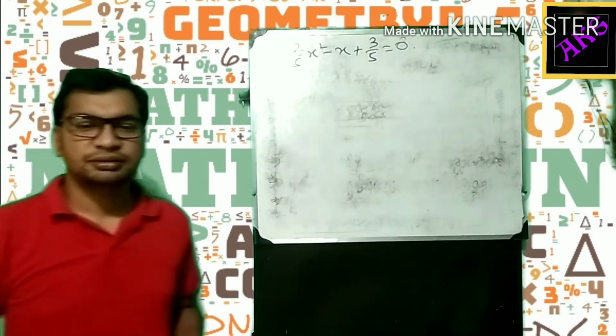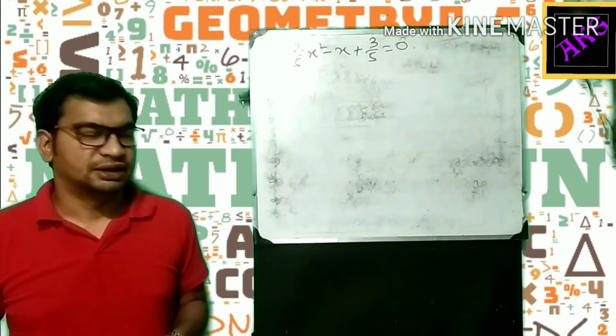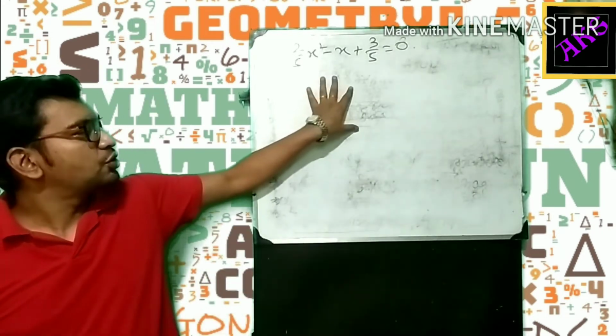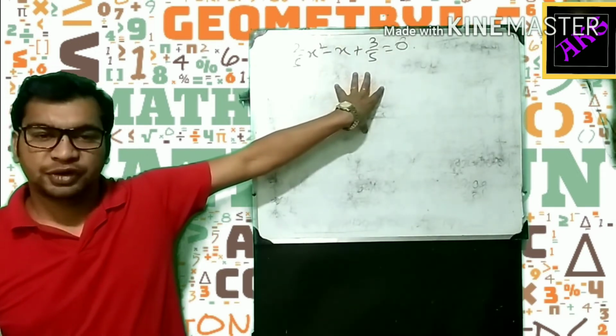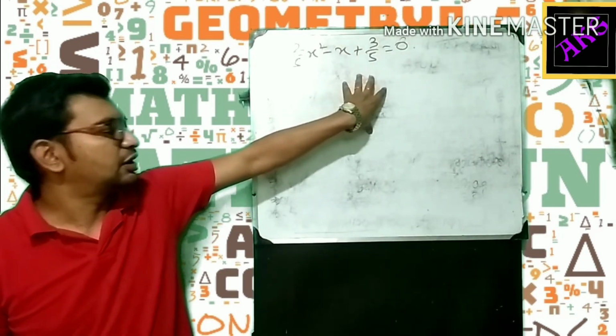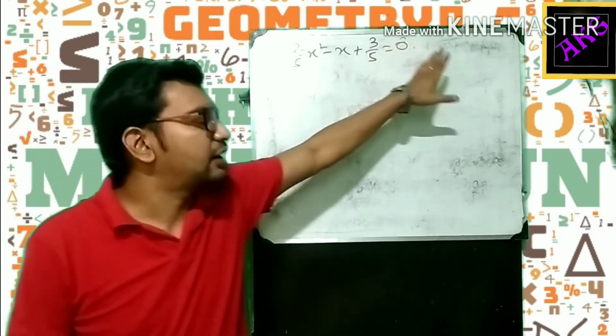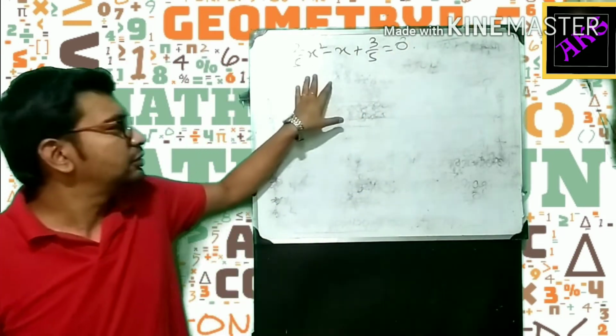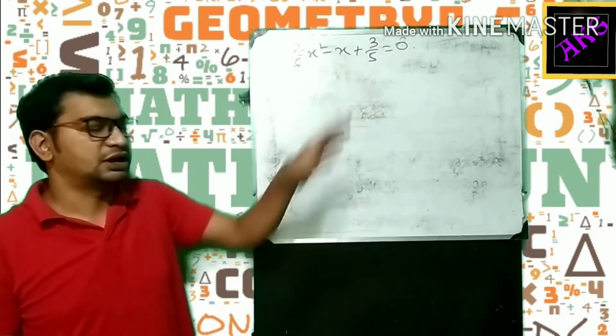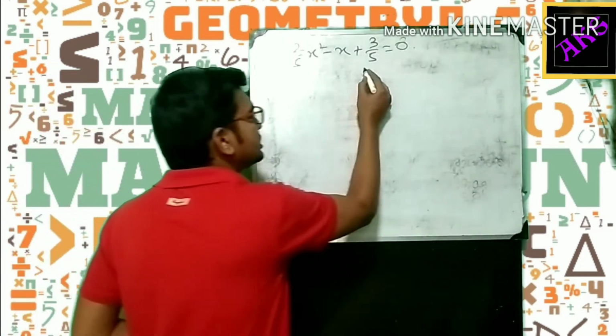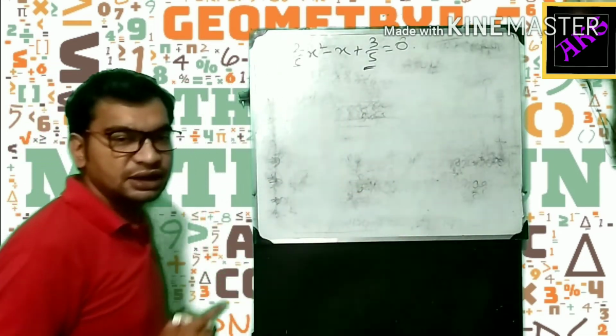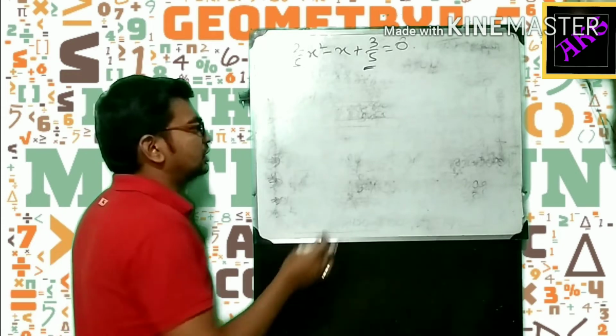This was our equation. The first step of this method is we have to transpose the constant term from the left hand side to the right hand side. Here the constant term is c. You remember this thing? c is always the constant term.